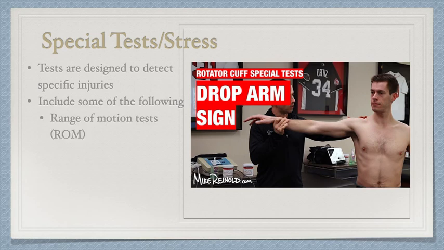So we do range of motion testing, where we have the patient move their good arm first. Let's say we're doing the arm: we'll have them do arm flexion and extension with the good arm, then do the bad arm, and see if there's any difference in the range of motion. We do this in both passive and active range of motion testing. We do muscle strength testing.